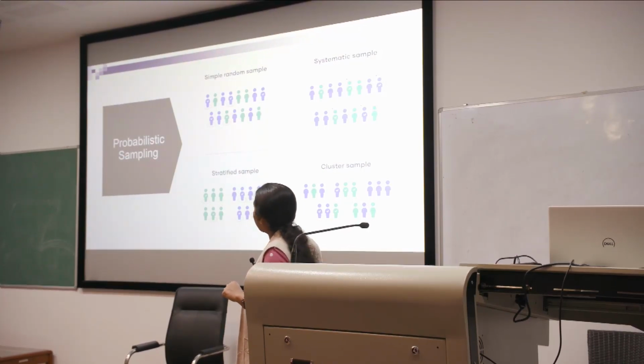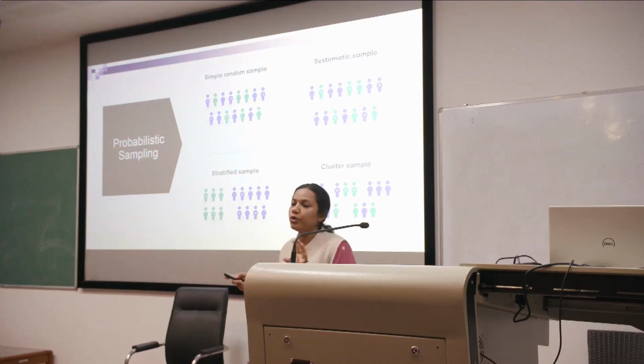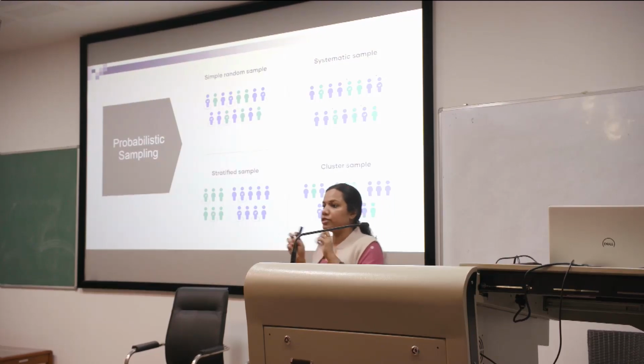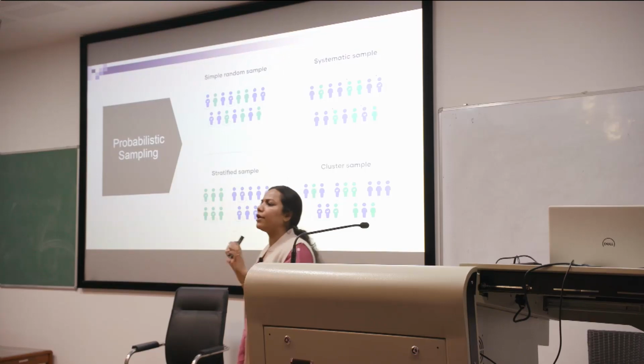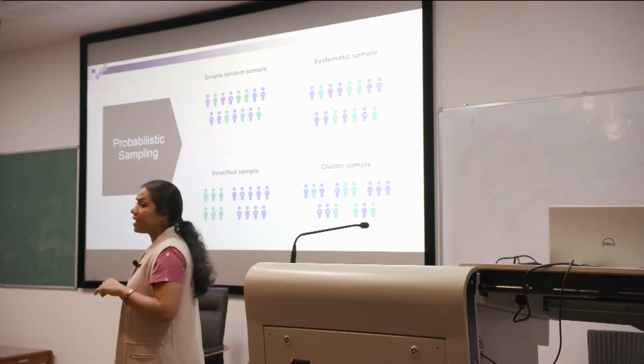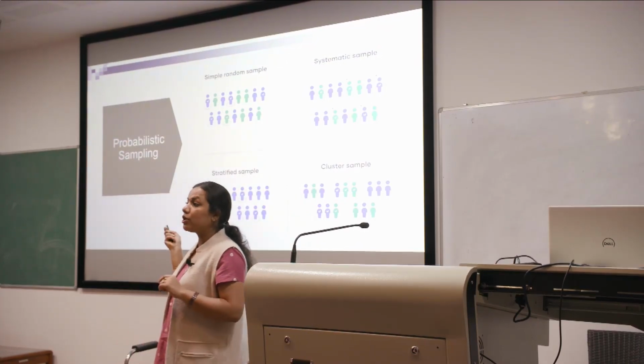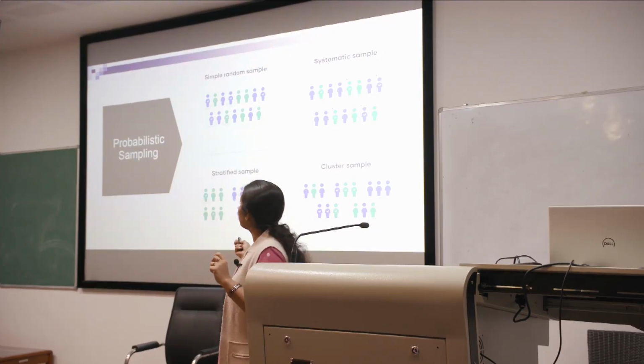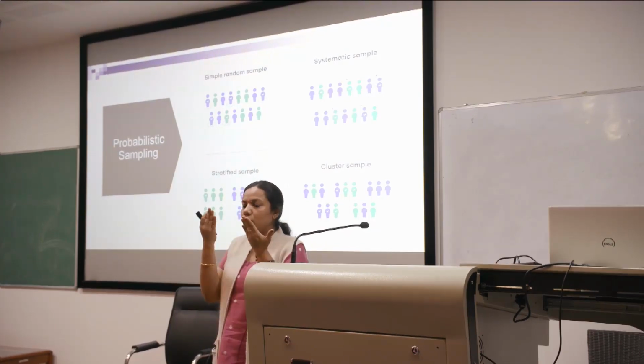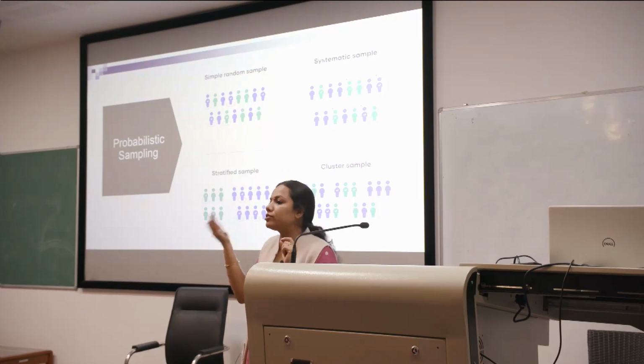Suppose this is the entire population you want, but you don't know which people you have to select. So you are randomly picking. You are not considering any kind of bias, so here we can minimize the bias in the selection of the sample by using simple random sampling. You are not even looking at the details of the farmers.